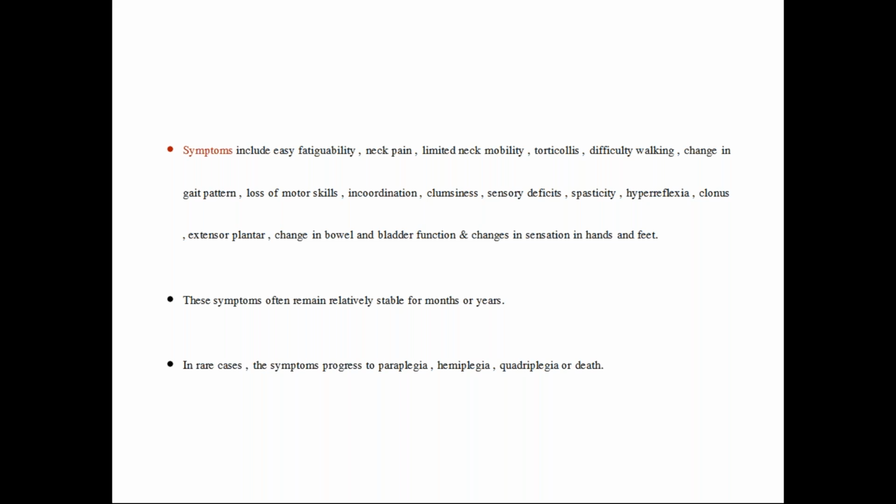The child has not achieved the developmental milestones, or motor milestones are delayed, or any clumsiness in tasks, and presence of any neck pain or torticollis, or change in walking or gait pattern, and increased tone symptoms like spasticity, hyperreflexia, clonus, and extensor plantar. All these you should suspect as Down syndrome.